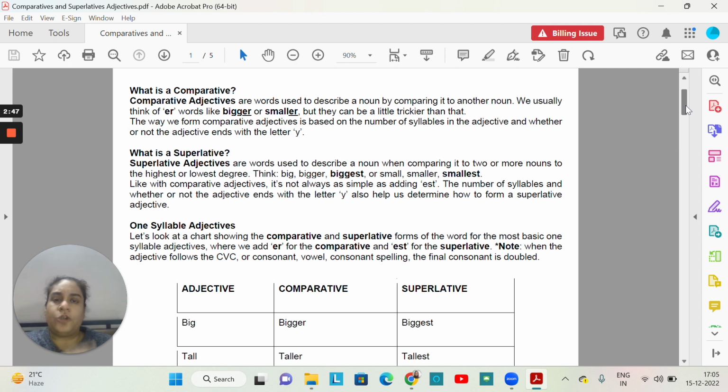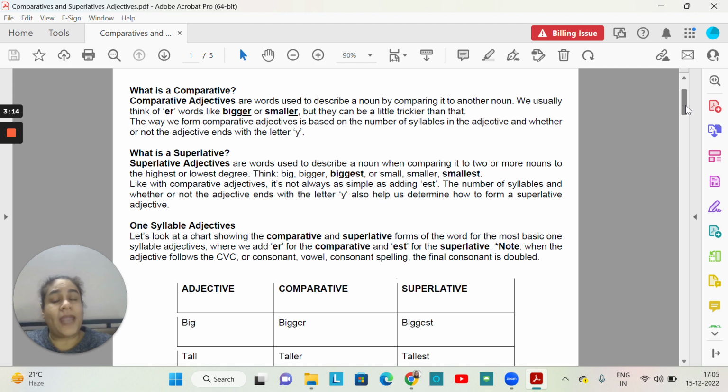Tina is taller than Sheetal. Because I'm comparing between only Tina and Sheetal, which are two girls, I will use a comparative adjective. Tina is taller than Sheetal. That's it. This is a comparative adjective.